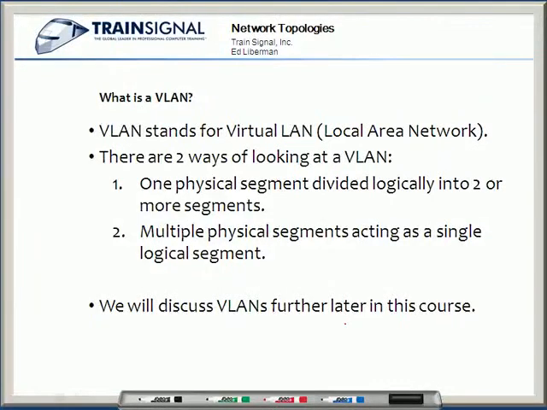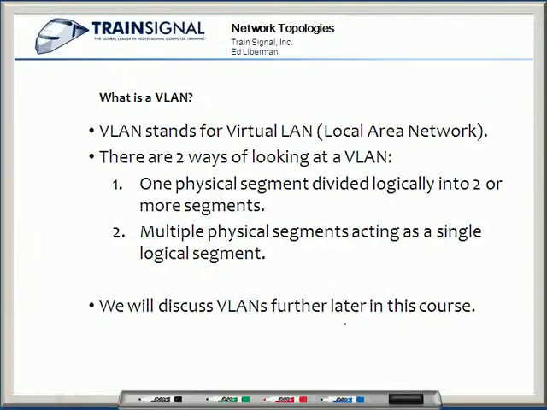Now, the other way of looking at it is the exact opposite, where you can have multiple physical segments. Matter of fact, those multiple physical segments could be in different cities. You might have different offices, but you can logically make them act as though they are on the same segment or the same local area network. Now again, VLANs are something that we will talk about later on in the course. Pretty much when we talk about switches, that's when we'll talk about VLANs.